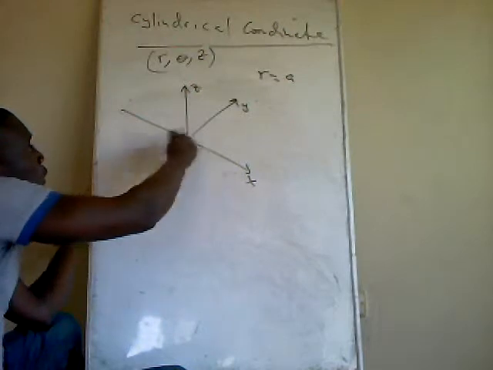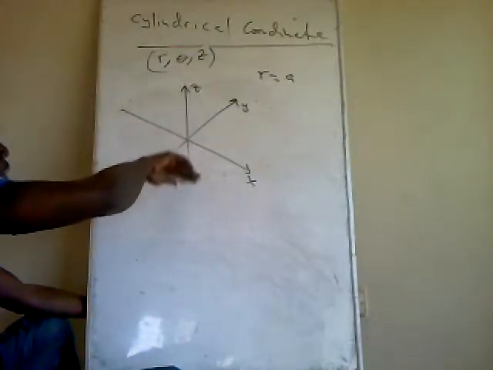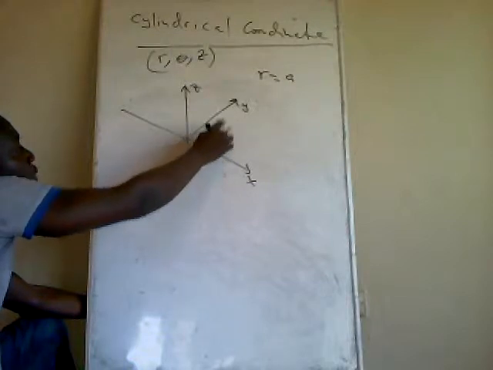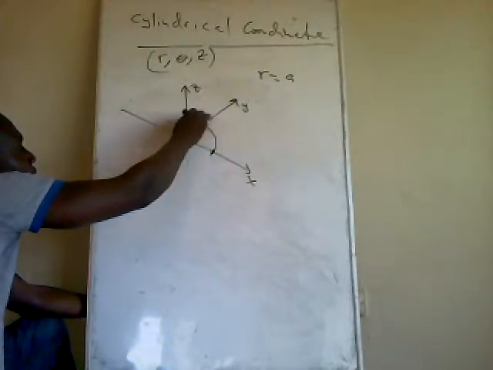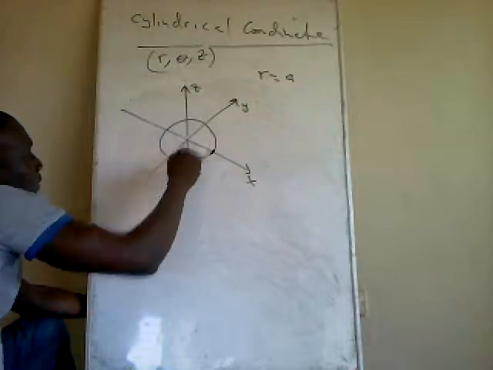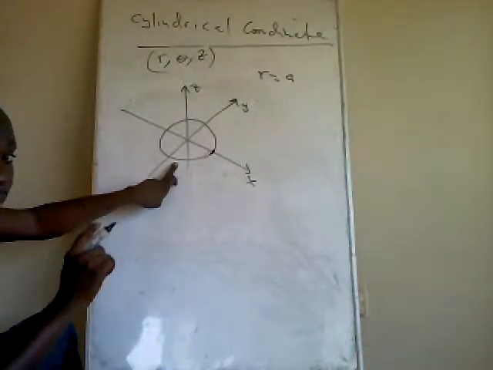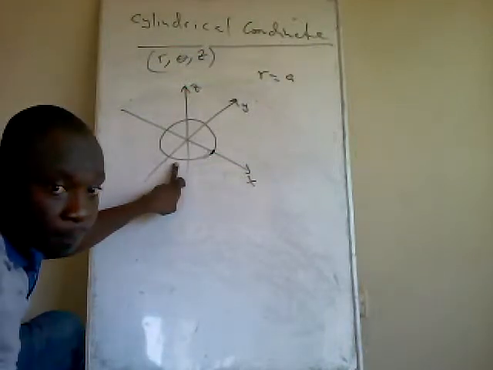R is the radius, so r only works in the xy plane, right? So it means I come to the xy plane and measure radius a, and because I have not defined theta, it will go around like that. So it's a circle, like the polar.